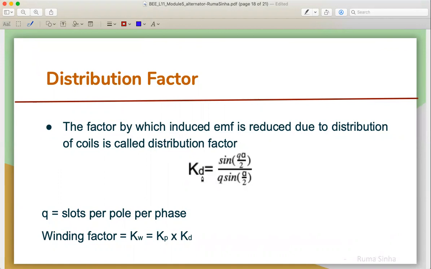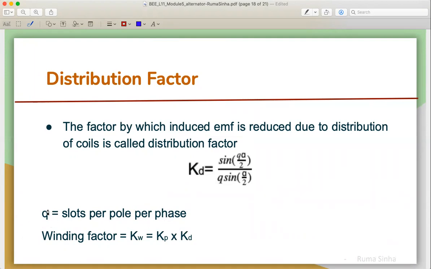And this is calculated as sin(Qα/2) divided by Q sin(α/2). So what is Q? Q is slots per pole per phase. We are talking about a 3-phase generator, so the number of phases is always 3. So the number of slots divided by the number of poles divided by 3 is Q.